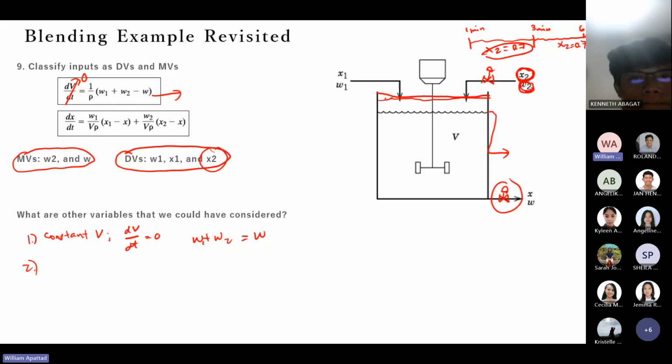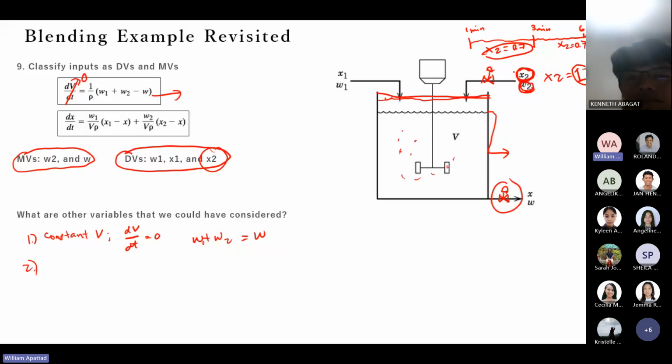Kasi walang specified na value nitong X2. Dun sa una kasi nating example, okay? Yung blending example natin na overflow, ang X2 natin ay equal to 1. 'Di ba? So hindi siya disturbance kasi alam natin ang value nito. Kung pure ito, so we can use that. It can be a manipulated variable to change the concentration inside the tank.